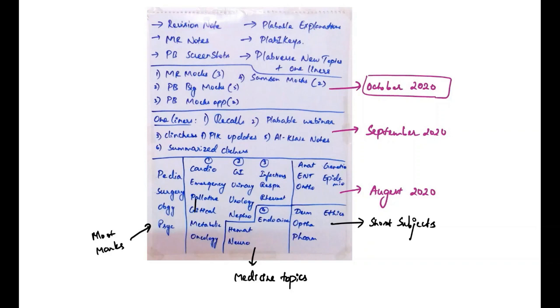And you also have to make sure that you have gone through any kind of revision material like PLABers or PLAB keys. So that is the first column.